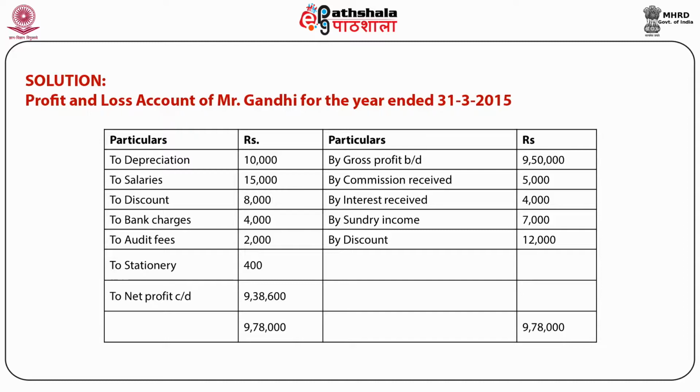The capital account is credited with net profit, because net profit is added in capital account. So this makes clear that if the firm is earning profits, then its credit side must be more than its debit side, and this profit increases the capital of that particular concern.